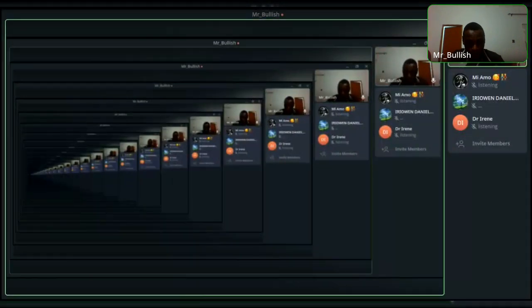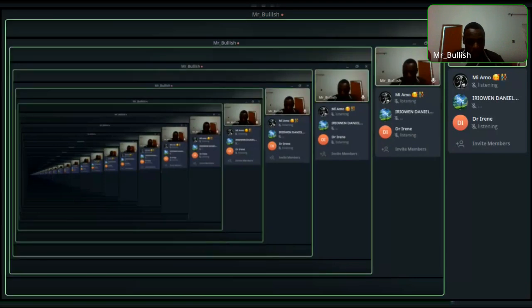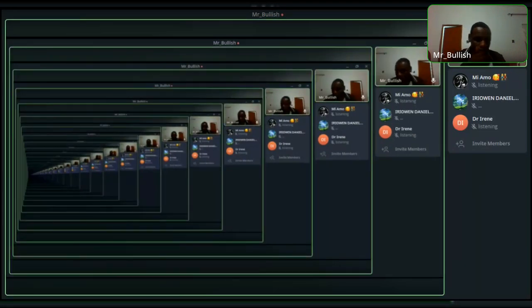Forex trading is popularly known as FX. The full meaning of the word is foreign exchange market. What that means is that whenever you are trading, you are buying one currency against another.